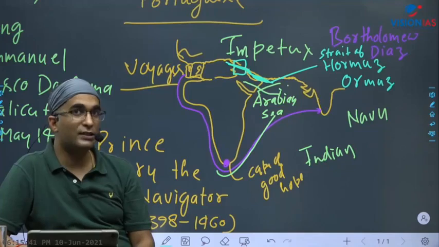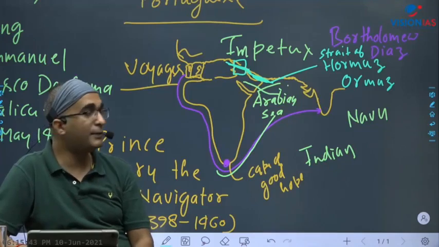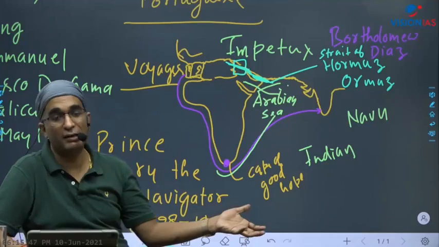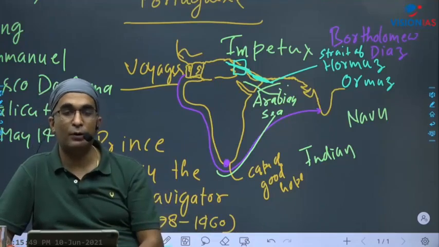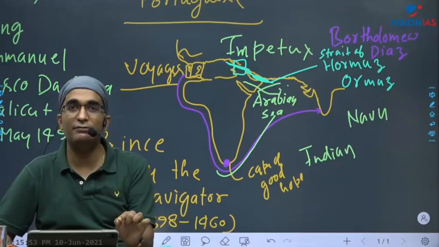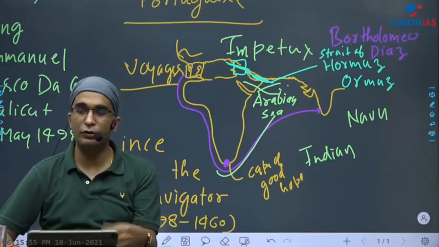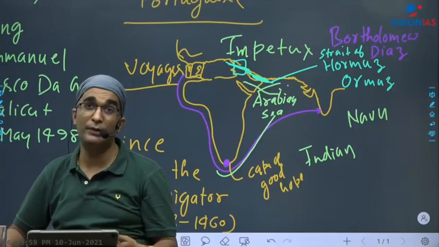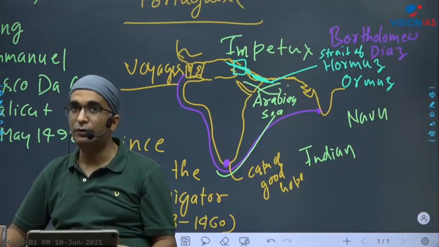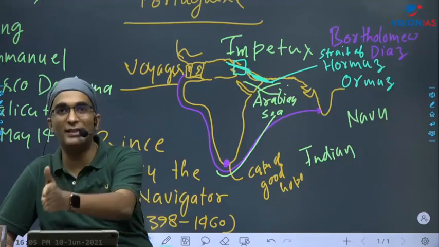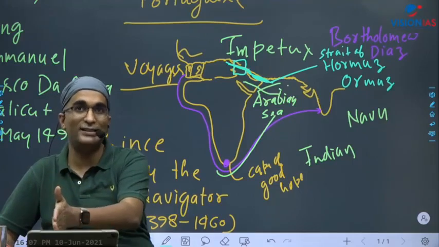Then, so this is about some of the initial viceroys of the Portuguese in India. Then one last viceroy. We are writing these things from the perspective of the exam, what could be more important and what can be asked, if at all UPSC is going to ask. So this is the last viceroy I would be mentioning, and then we will be moving to the next company, which is the Dutch East India Company.